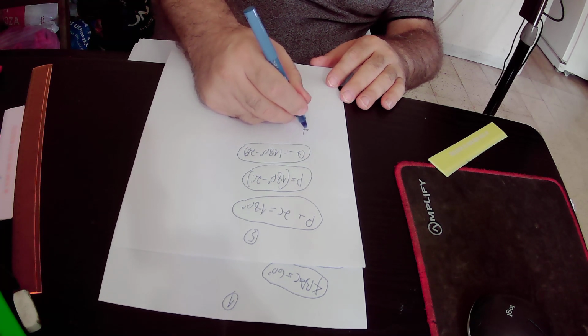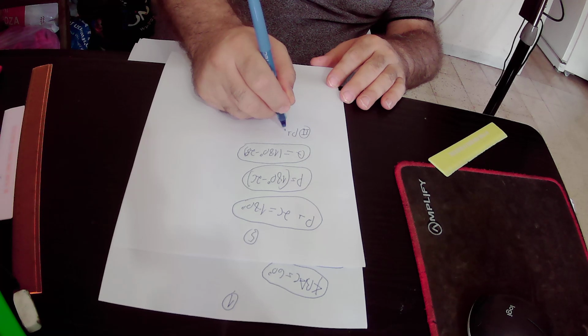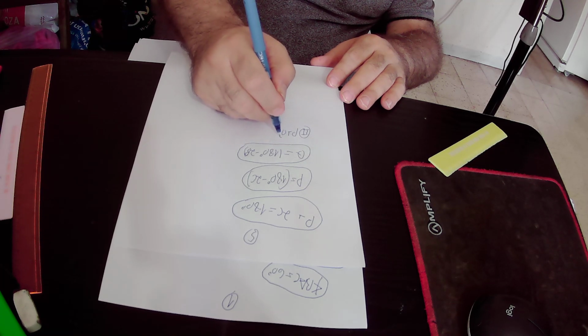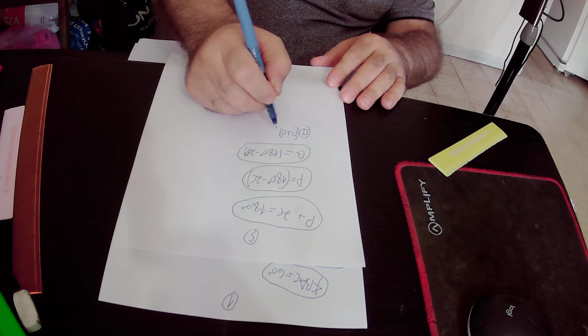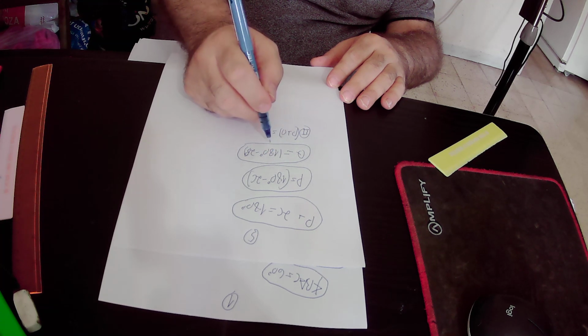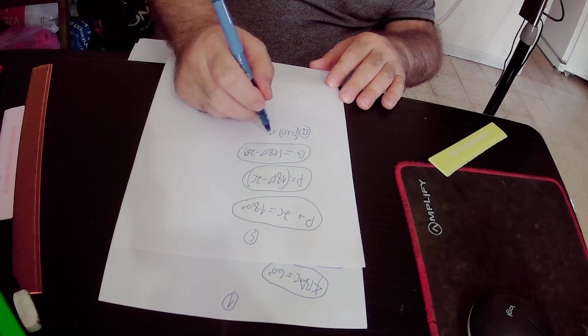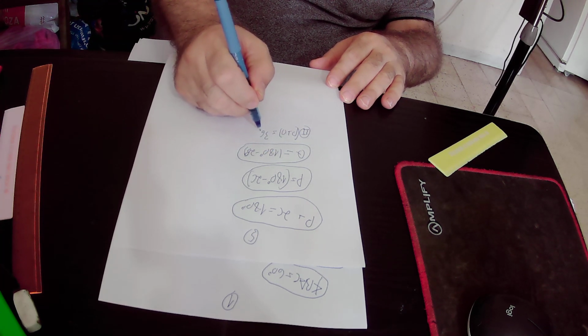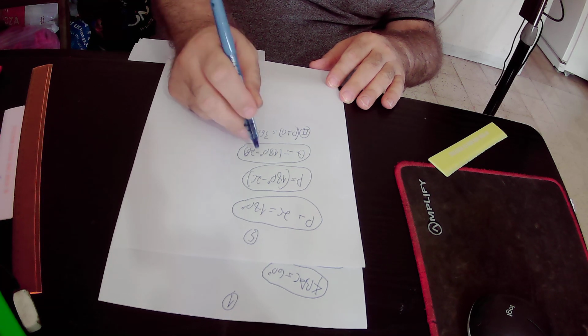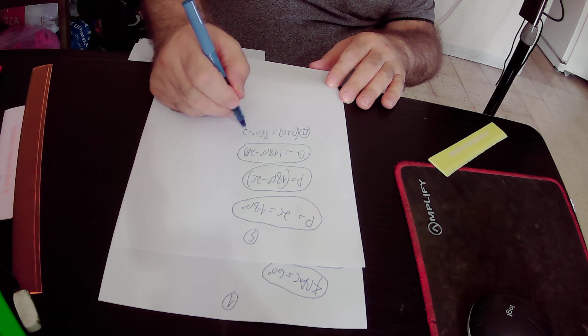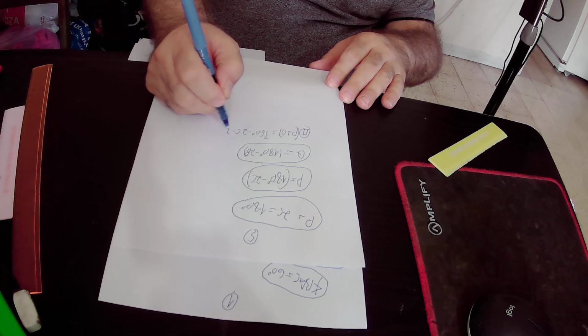So the value of P plus Q will be equal, according to this equality, to 180 degrees plus 180 degrees is 360 degrees minus 2C minus 2B.